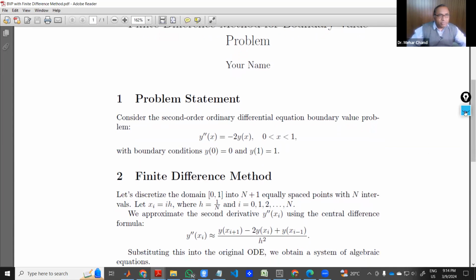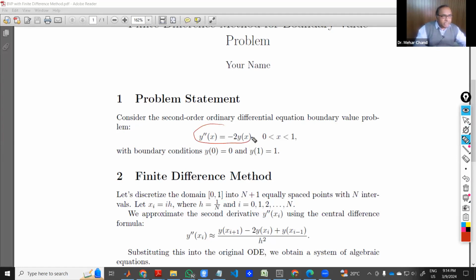Here we have one example. This is a second order equation, y double dash x is equal to minus 2 y x, and x lies between 0 and 1. So this is the interval 0 to 1, and this is the left boundary value and this is the right boundary value for this problem.